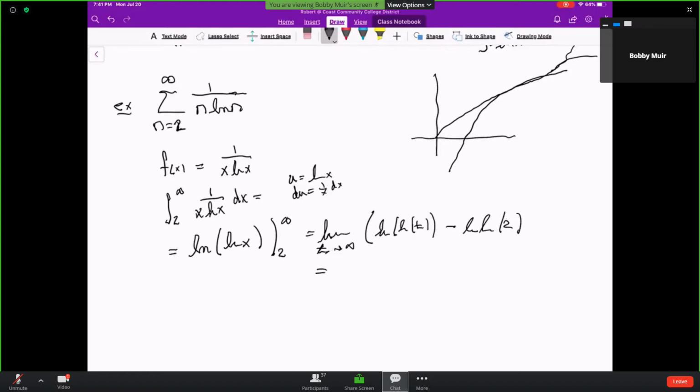Well, sorry, gang, but that's still infinity because the logarithm is still an increasing function. So this was not enough of a bump in order to get it to work.